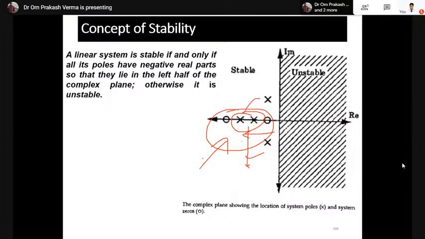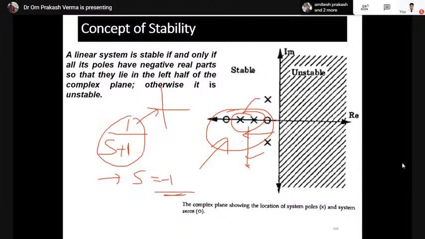Let's say our transfer function is 1 upon s plus 1. Usually it is a closed loop system. Okay. So our pole is lying at s equals minus 1. When you take the Laplace inverse of this, it is e to the power minus t, and e to the power minus t looks like this.